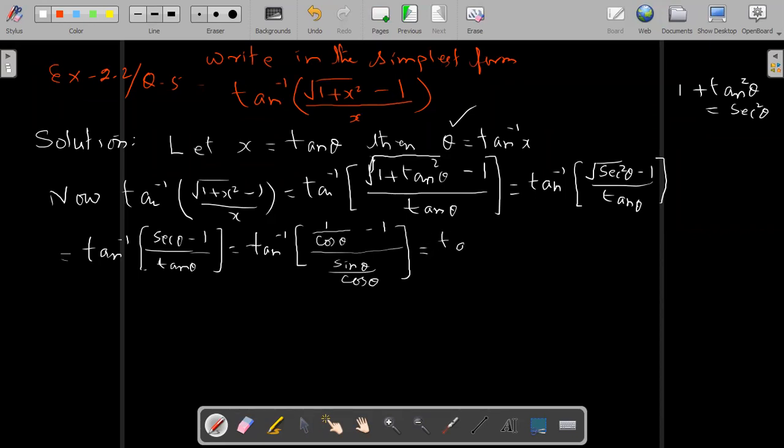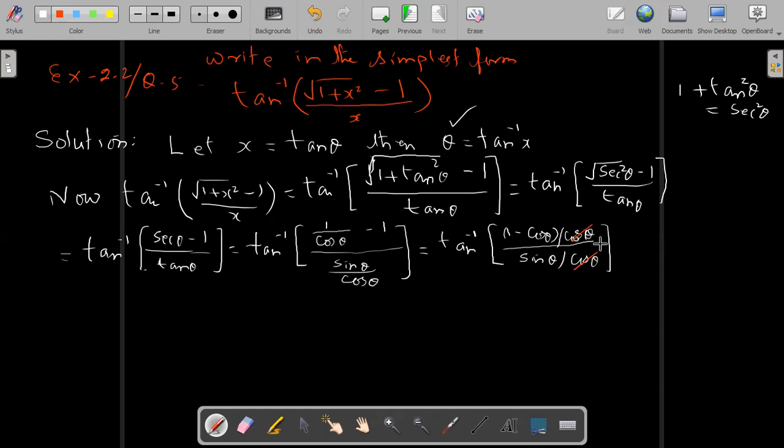Then again taking LCM in the numerator, the numerator will become 1 minus cos theta divided by cos theta, and the denominator is as it is, sin theta upon cos theta. Similarly, both are divided by the same cos theta, so cos theta will cancel.